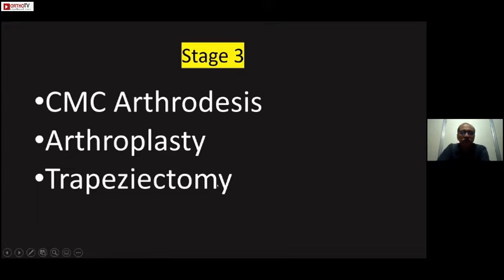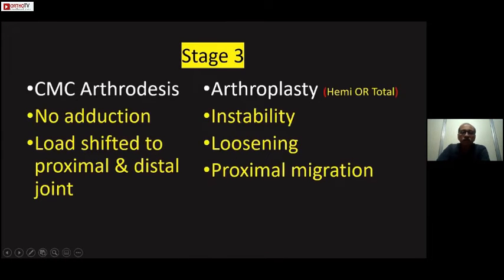The thing which works best in most people's hands and in my hands is trapeziectomy, coupled with other procedures which I've described. The problem with arthrodesis is that you don't get adduction and the load is shifted to the proximal and distal joints. In arthroplasty, either hemi or total, you get instability, you get loosening, and there is always a migration.